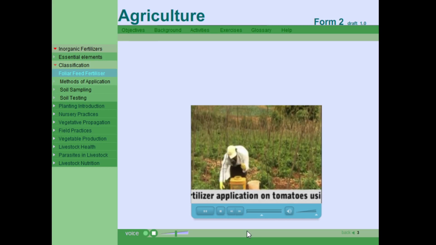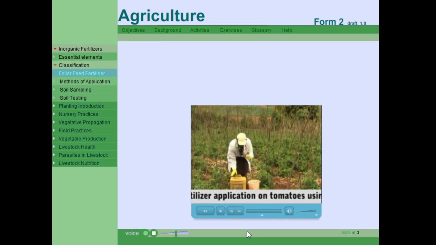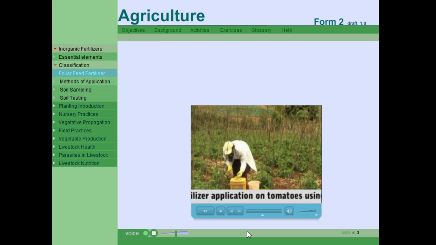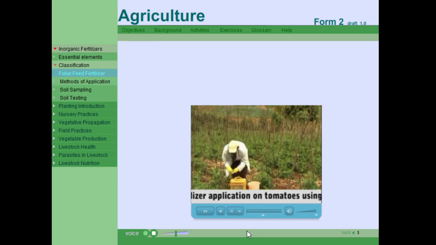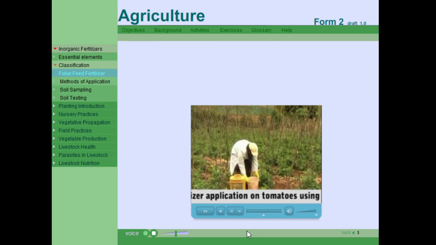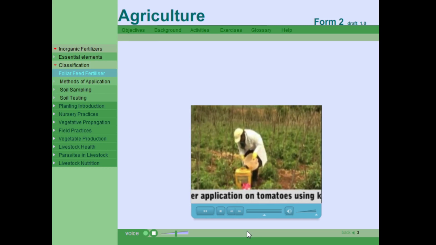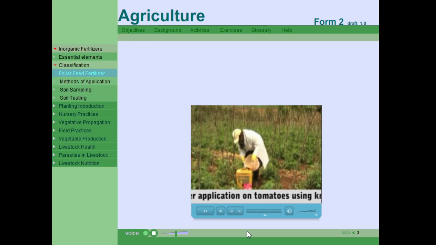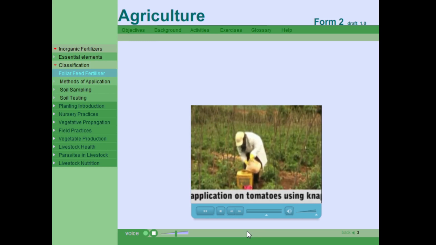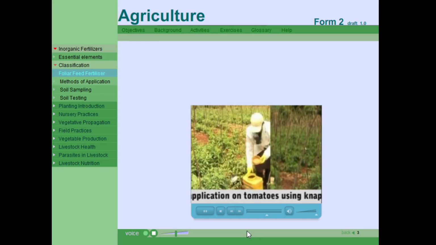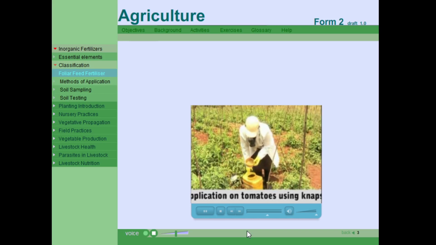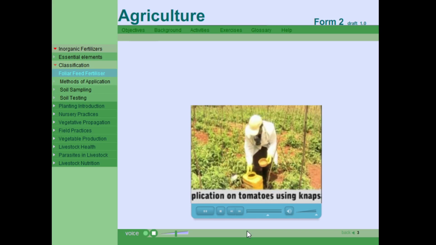For this one, 20 grams is adequate for water of about 15 centimeters cube. The sieve is used to filter foreign particles that may block the nozzle.